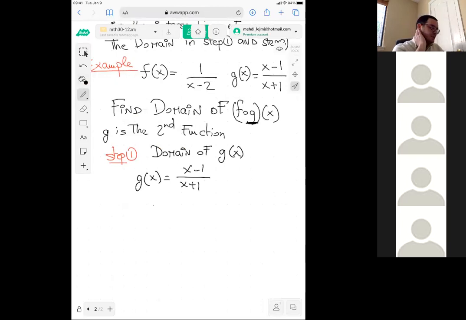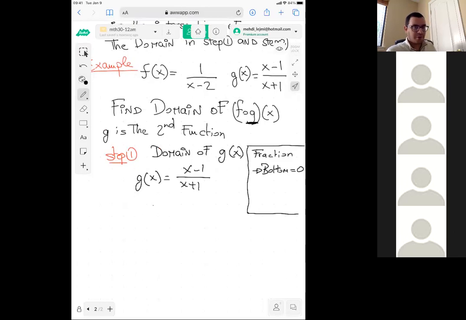So now, guys, let me just remind you, how do we find the domain of functions? All right, we said there are basically two rules. If you have a fraction, then you have to solve the denominator equal to 0, right? That's the first rule.